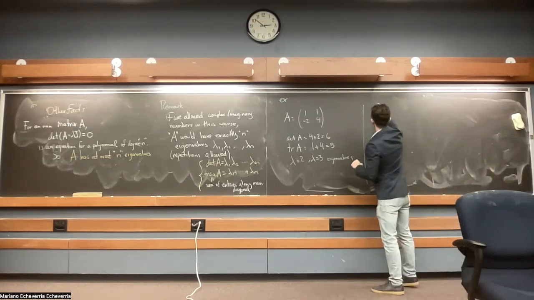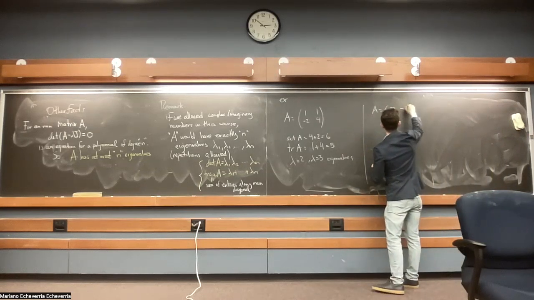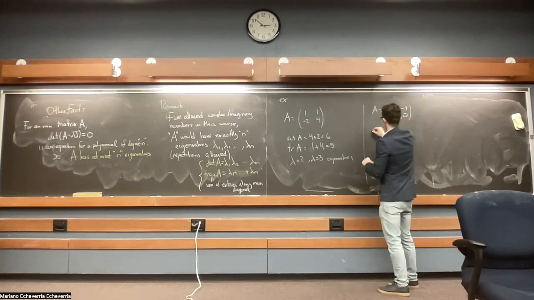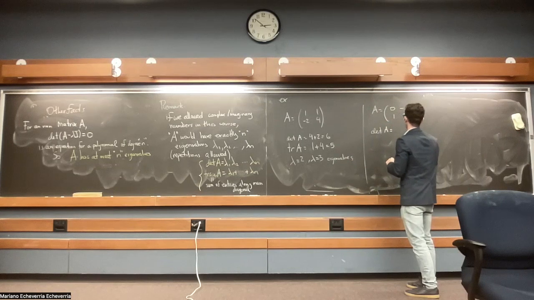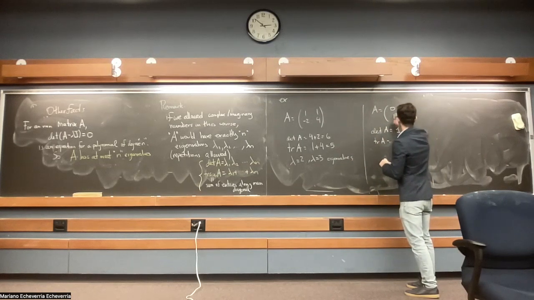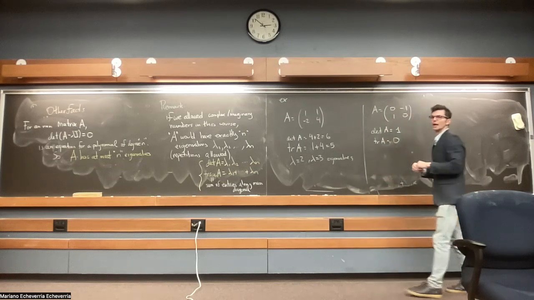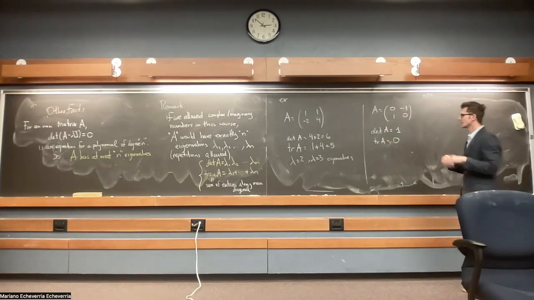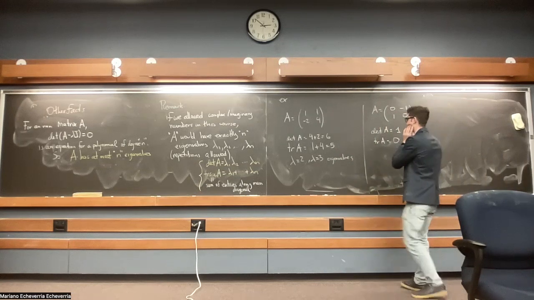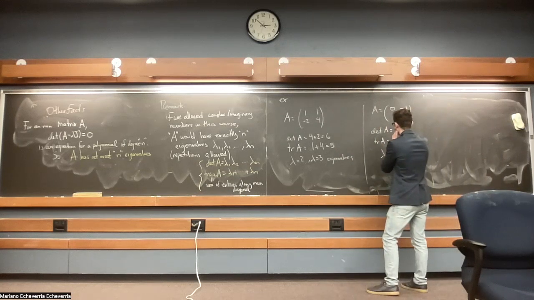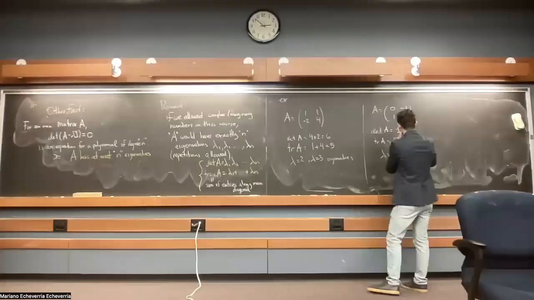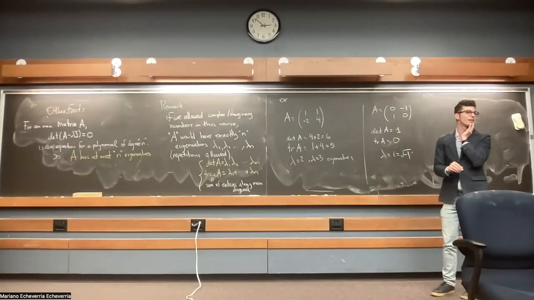So if you take the rotation matrix, the determinant of this matrix is 1, and the trace is 0 plus 0, which is 0. And the eigenvalues here, this is why I'm saying you would need complex numbers, would be i, the square root of -1, and -i.